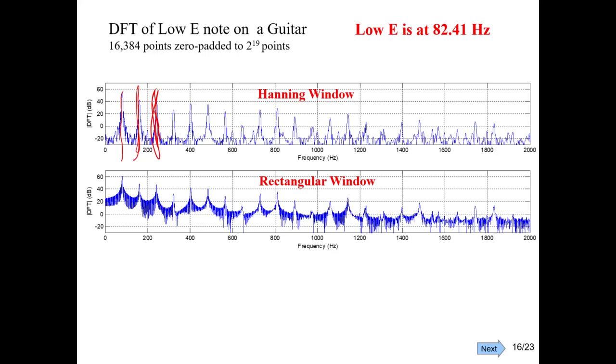That's there. So these spikes are spaced every 82.41-ish hertz. And with the Hanning window, we can see lots of spikes there. But notice with the rectangular window, it becomes a little dicier to see them.